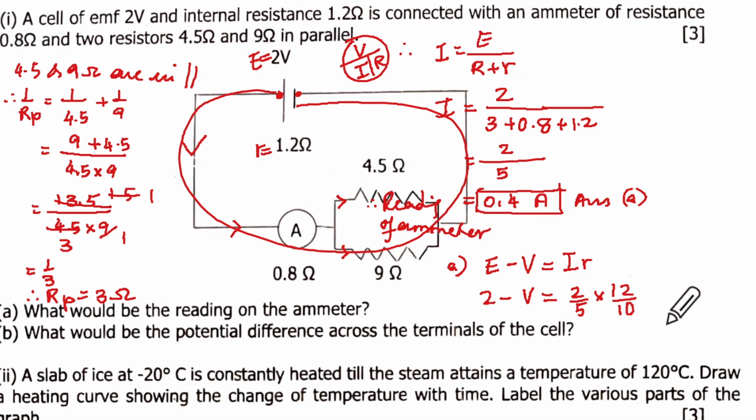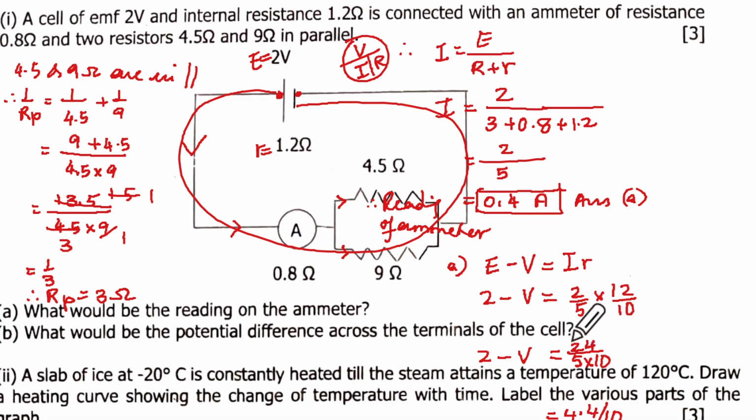Are you with me so far? So 2 minus V is equal to, this is 24 upon 5 into 10, okay, which is equal to, now 24 divided by 5 will give us 5 goes 4 times 20, and 4.4 upon 10 it will become. Understood what I've done?